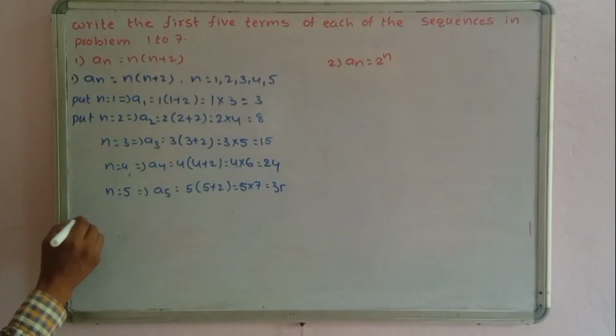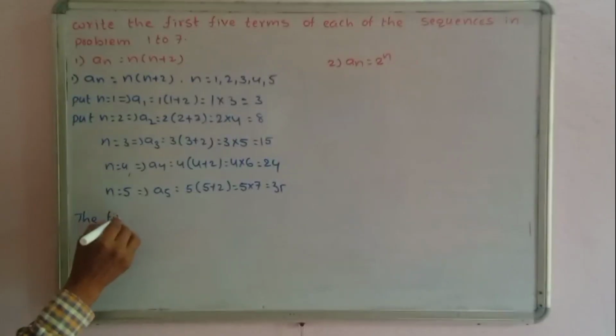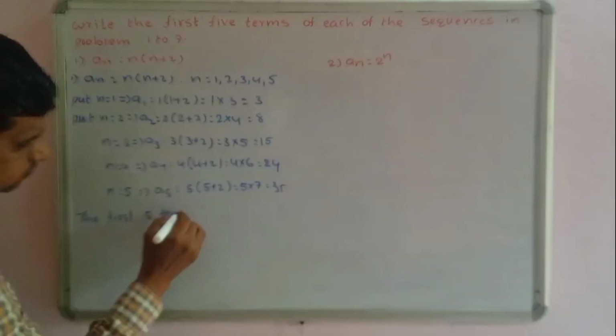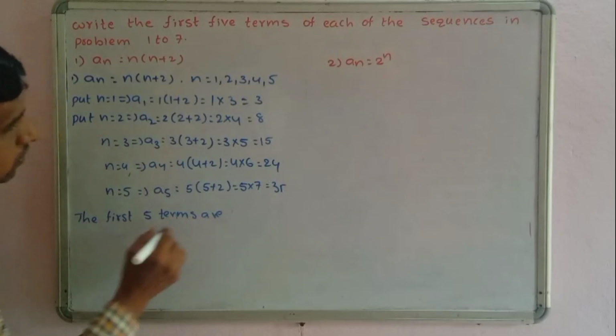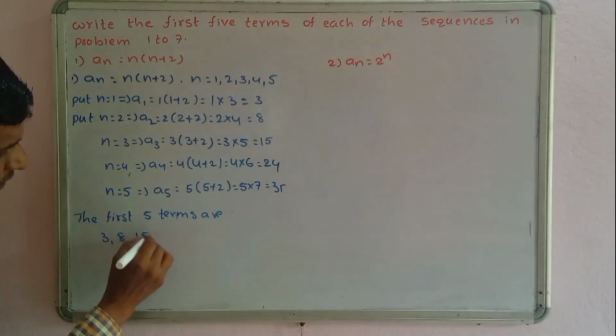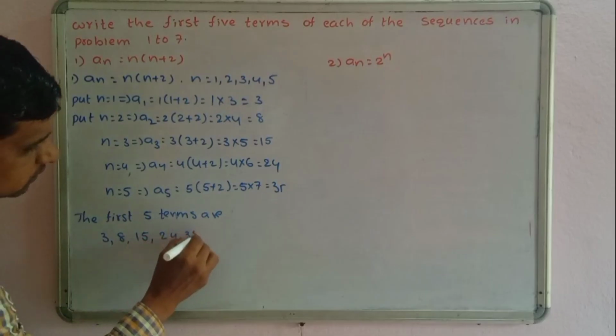Therefore, the first 5 terms are 3, 8, 15, 24, 35.